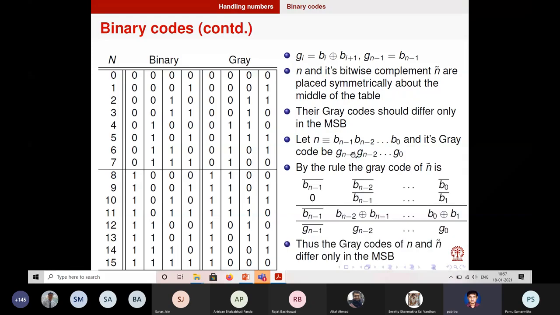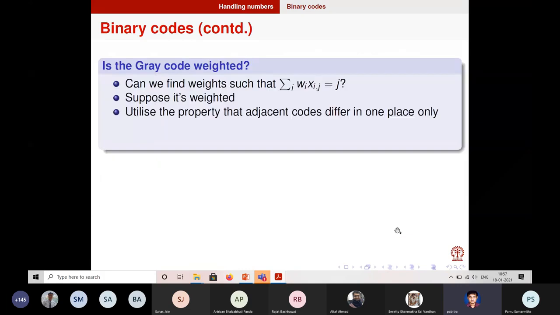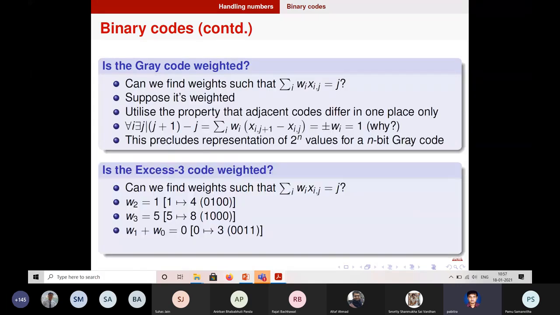All right. Now a few more things you can study. Does there exist a weighting scheme which can lead to the gray code or the XS3 code? Okay, can you do the weighting thing? In fact, for the XS3, you can actually show that no such scheme exists.